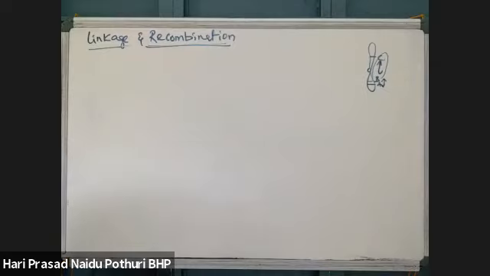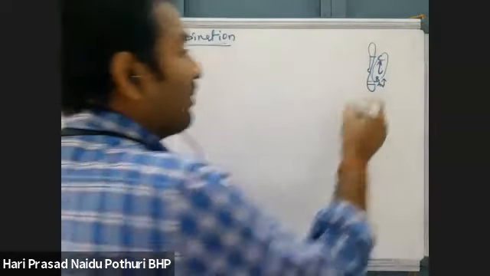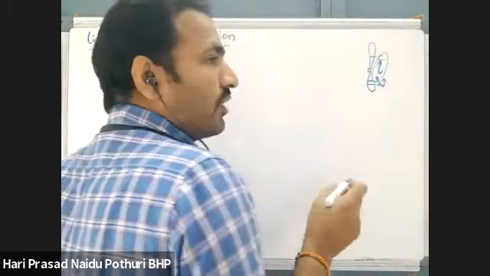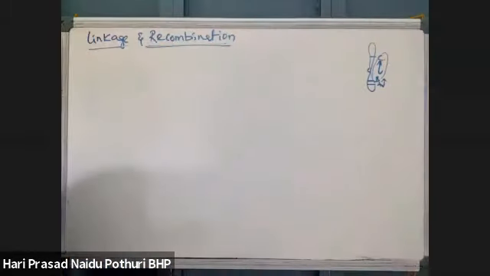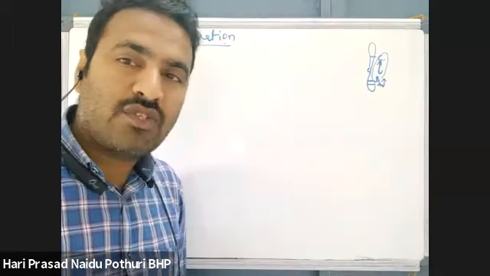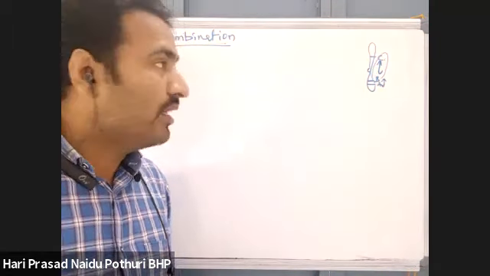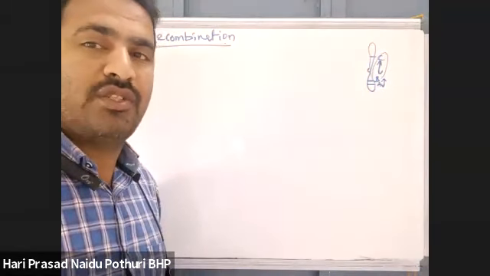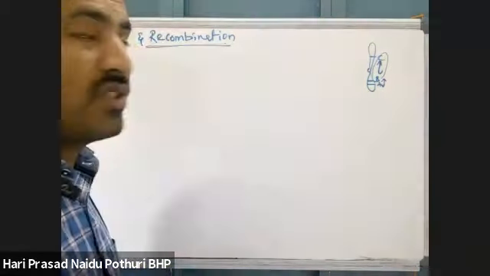Okay, this is recombination. To find linkage, and based on that linkage, we can say recombination. What is recombination? Non-parental combinations which are possible in a cross. That is called recombination.